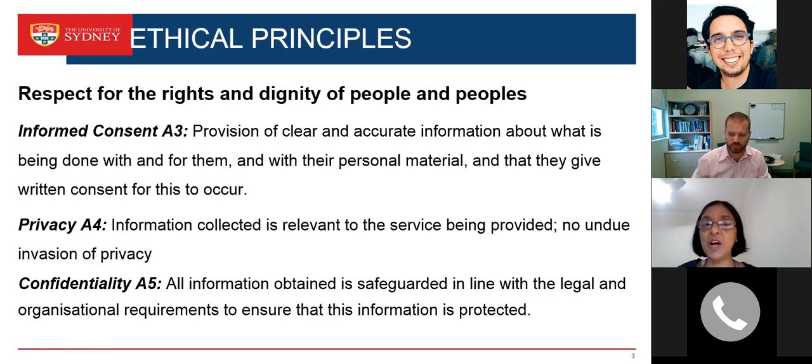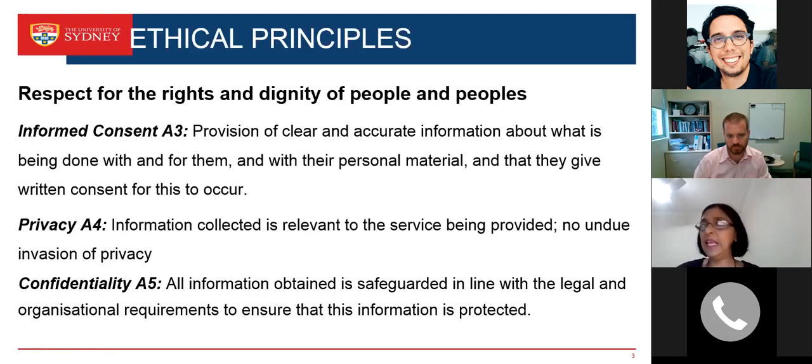We need to provide clear and accurate information to the client, the patient, about what is being done with them and for them and with their personal material, and that they give their consent for that to occur.